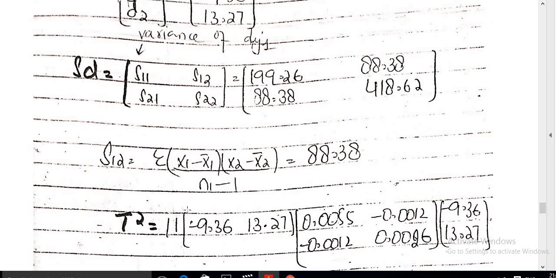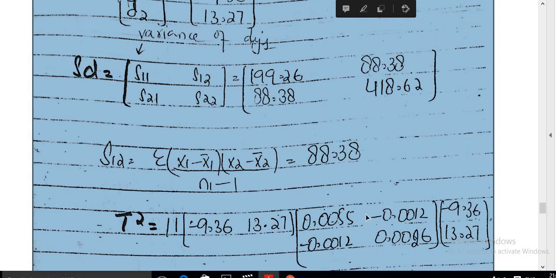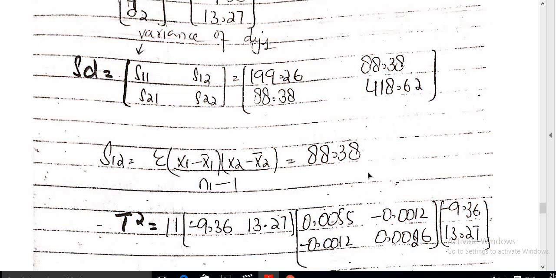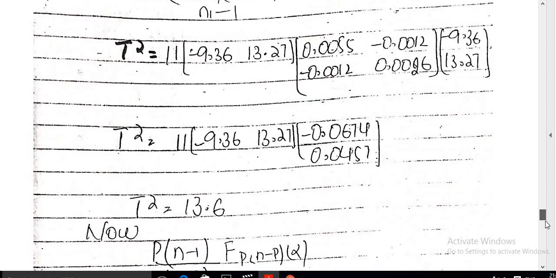T-square is equal to N D bar dash SD inverse D bar, where SD inverse is the 2 by 2 variance-covariance matrix. After calculating the values, we obtained T-square equal to 13.6.